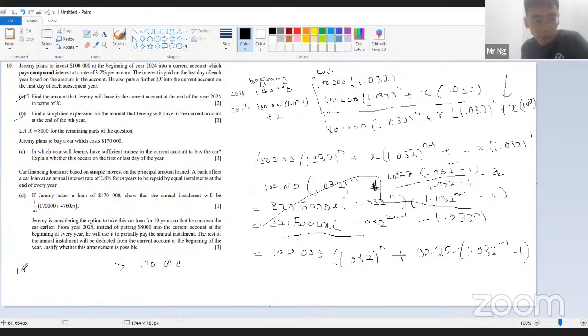Now after that, you get 1.032 to the power n plus 32.25x times 1.032 to the power n minus 1. Okay, so let's see this amount. We put inside the calculator. That's your y.